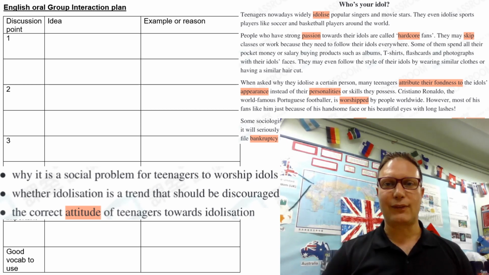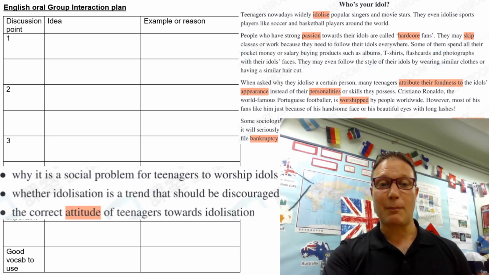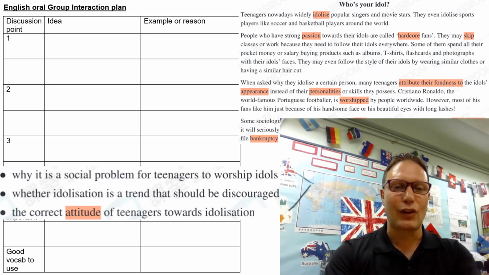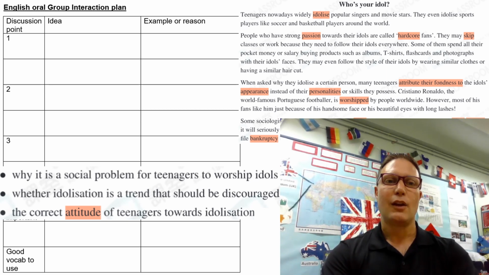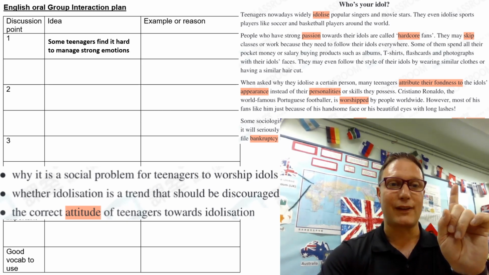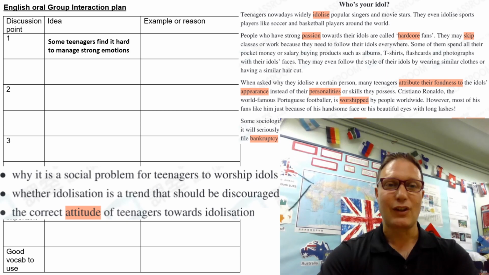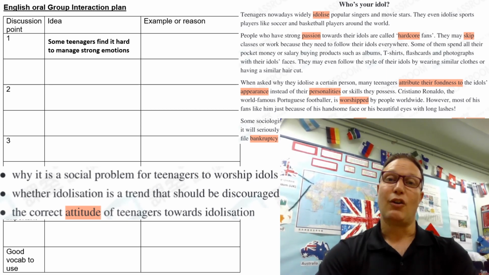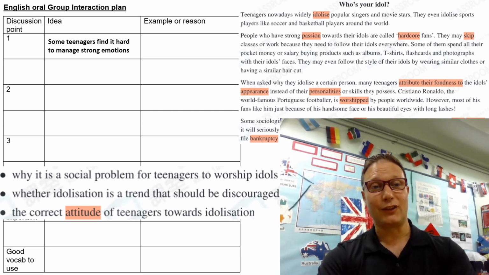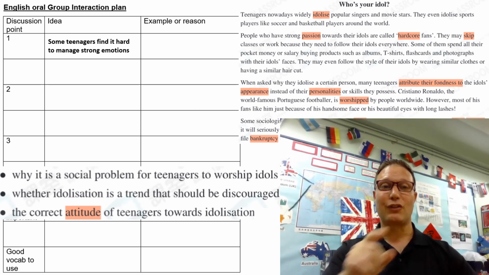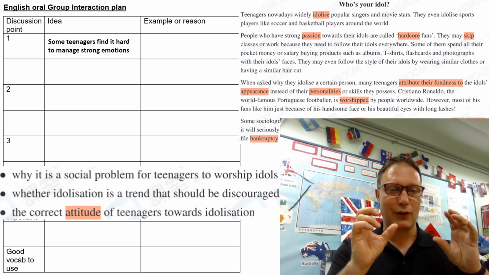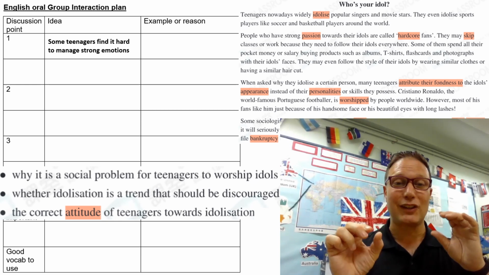So the input text, who is your idol? It's talking about K-pop stars. Why is it a social problem for teenagers to worship your idols? So I've just come up with one idea for this. Some teenagers find it hard to manage strong emotions. I think all adults sometimes find it hard to manage their emotions, but the question's specifically talking about teenagers.